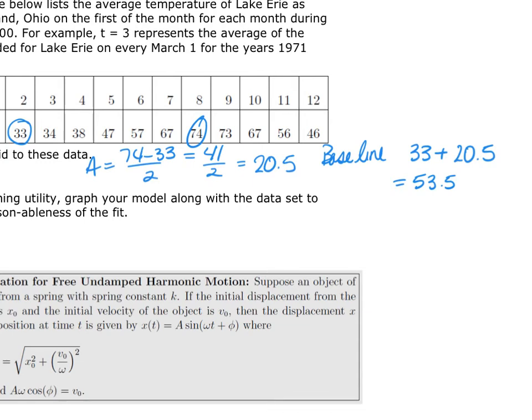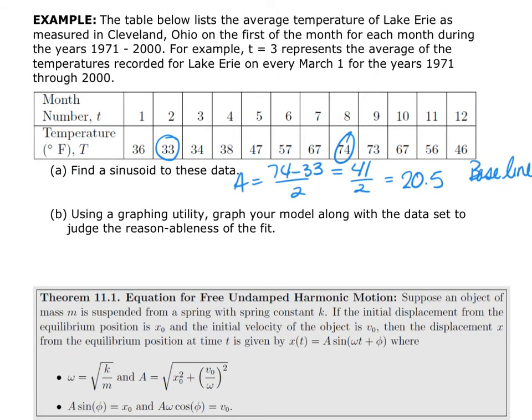We know your amplitude. How long did it take to go from a minimum to a maximum? 7 months. It took 7 months. Now, for a minimum to a maximum for a cosine or a sine, that should be half of the period.